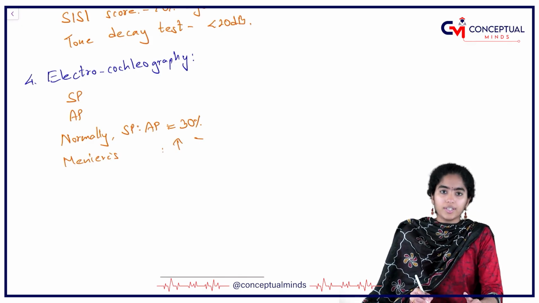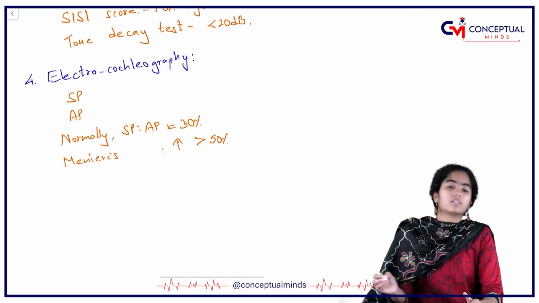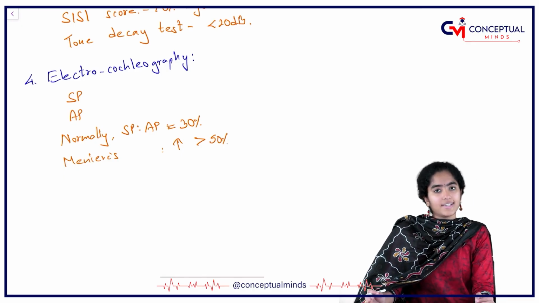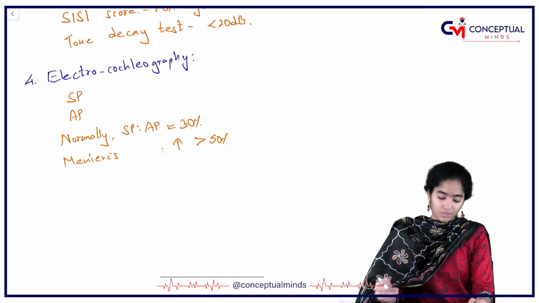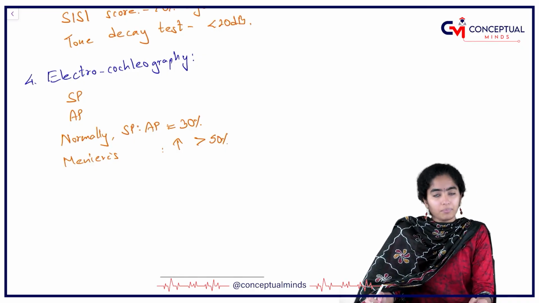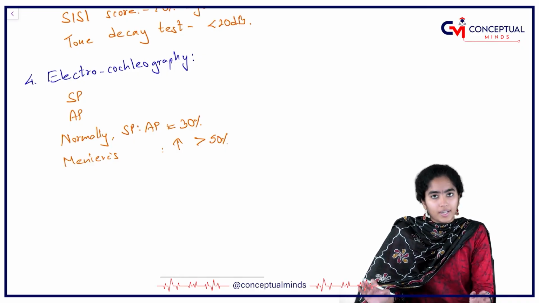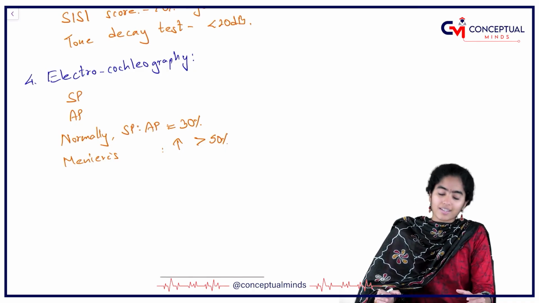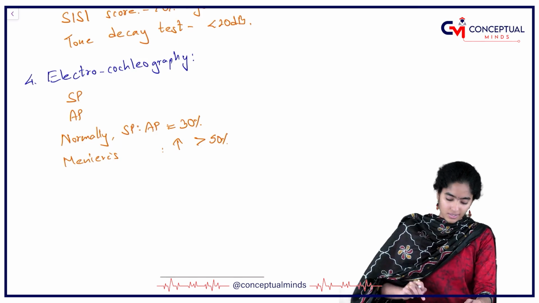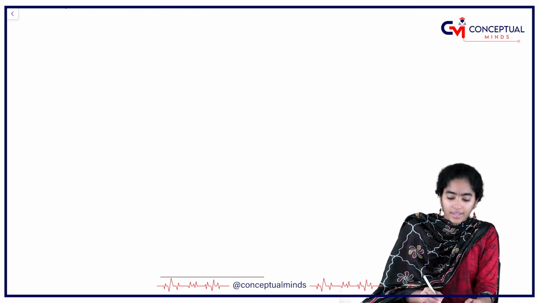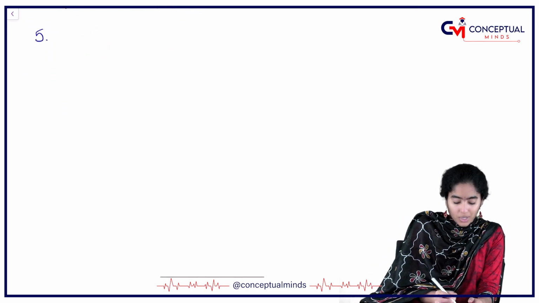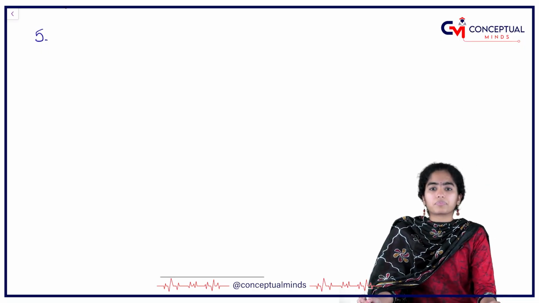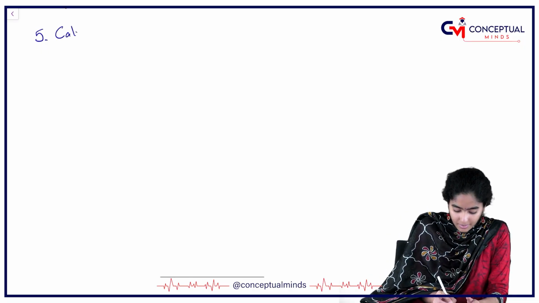It is usually more than 50%. This is classically seen in Meniere's disease, and if at all this finding is given in the exam, the examiner is straightly pointing towards Meniere's disease without any confusion, and it is diagnostic of Meniere's disease. Then we have a few other small tests such as the caloric test.